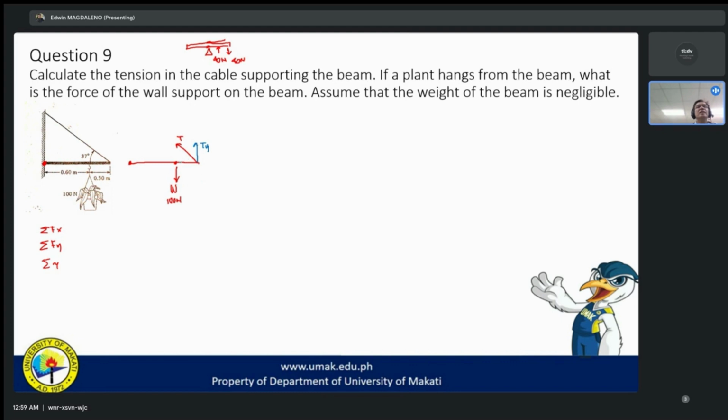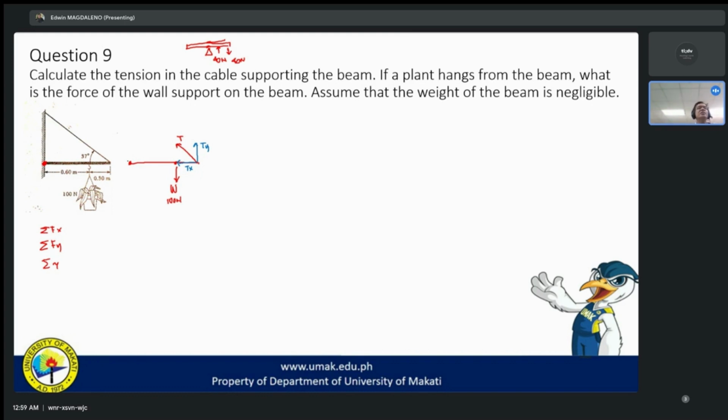Meron din tayong P sub x going here. We have P sub x. Okay. What is notable about torque is that if we project the force and it passes through the fulcrum, that force is null. Walang epekto.